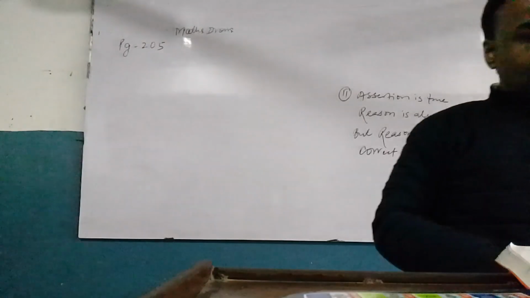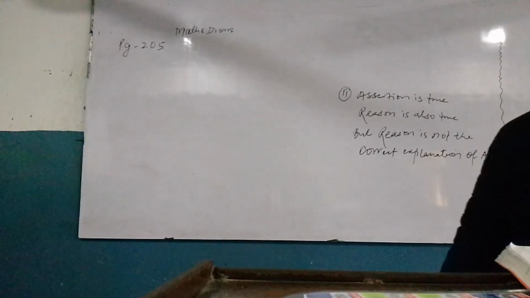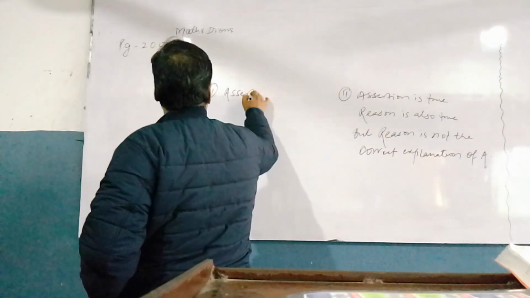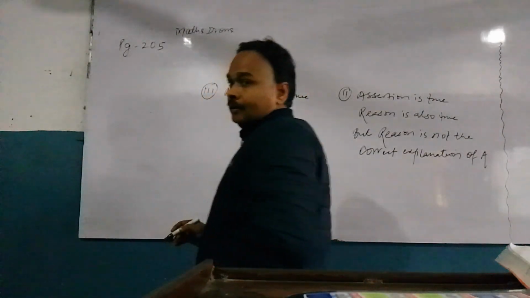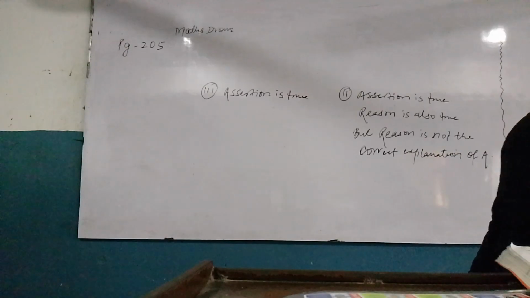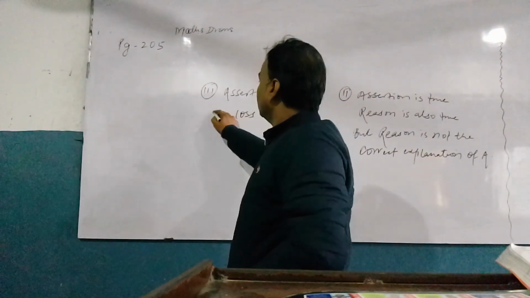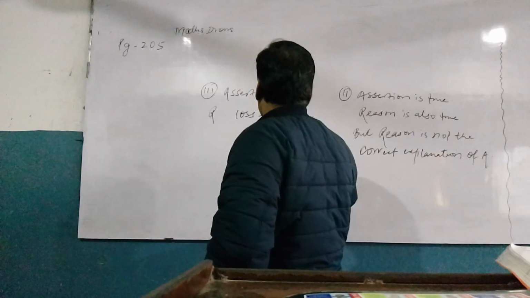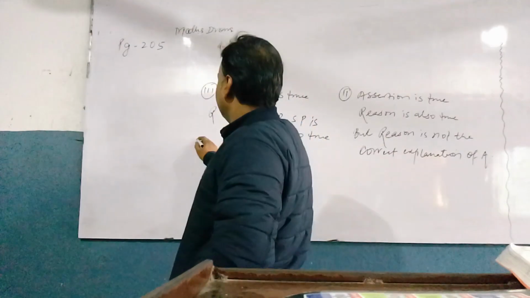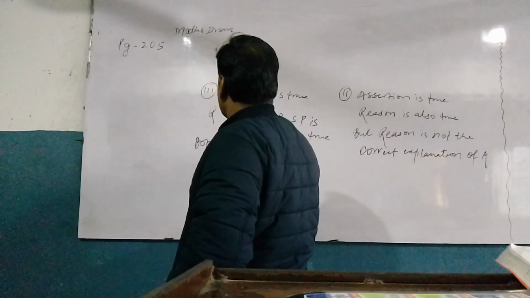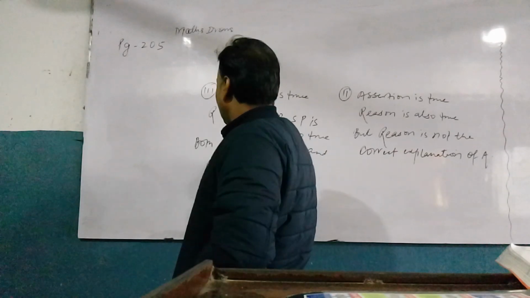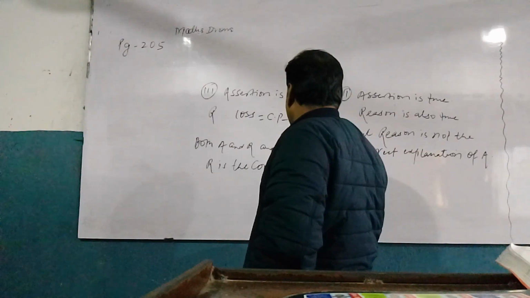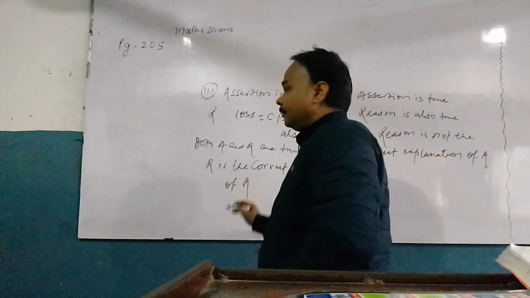It is also true. So our correct option is A. Both A and R are true, and R is the correct explanation of assertion A. Clear?